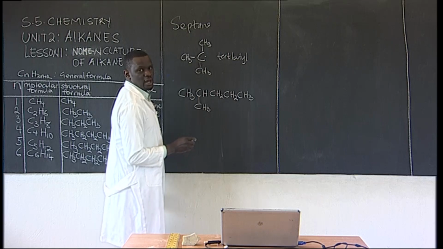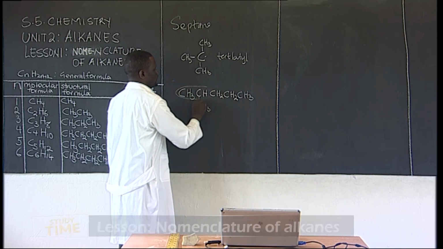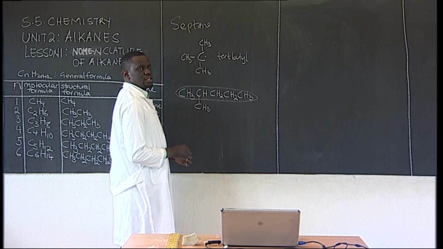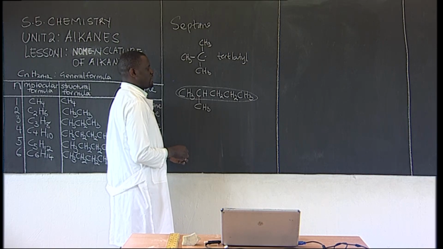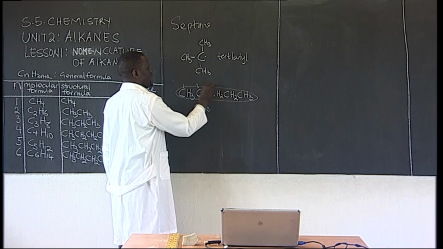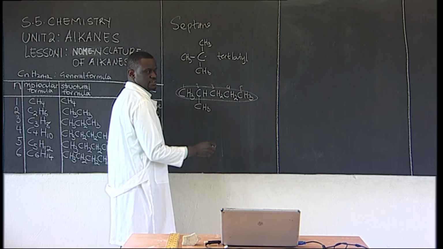The first thing we normally do, as we have said, we choose the longest possible chain, containing the highest number of carbon atoms. Then you give numbers. Normally, we give numbers from left to right.